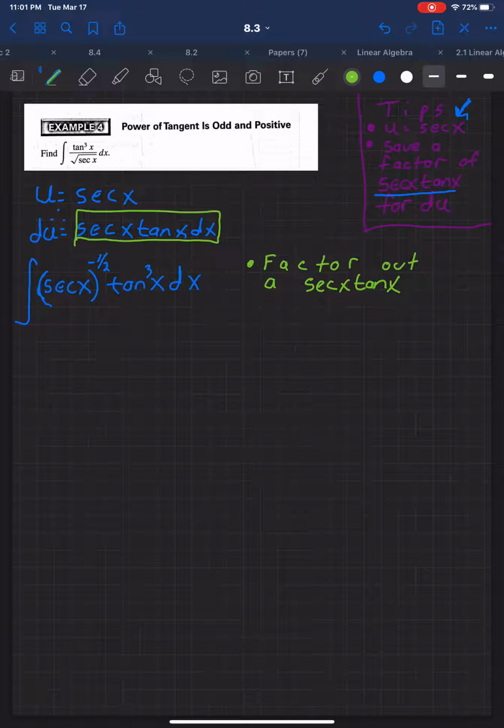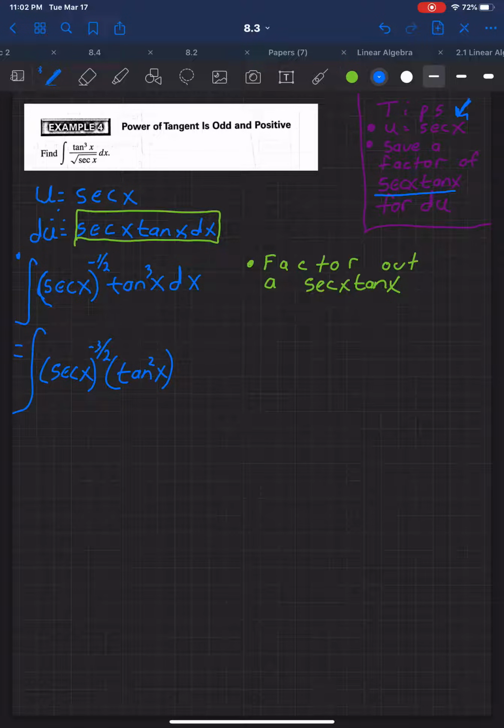Let me show you, from this step right here, if you factor out a secant x tangent of x, this is what you would have. You would now have secant x to the power of negative 3/2 times tangent squared x, and here is this factor, secant tangent.